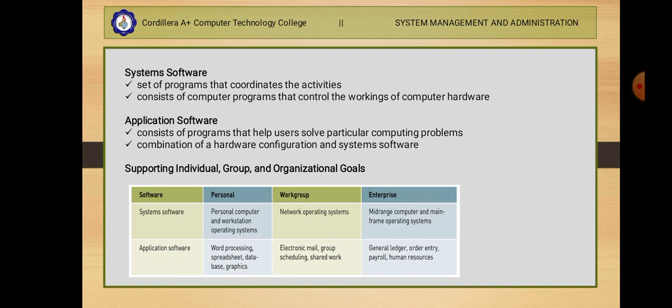So we have also here the application software. When we say application software, it consists of programs na tinutulungan din yung mga users para ma-solve yung particular computing problems. In most cases, application software resides doon sa computer hard disk before it is brought doon sa computer's memory and mag-run siya.